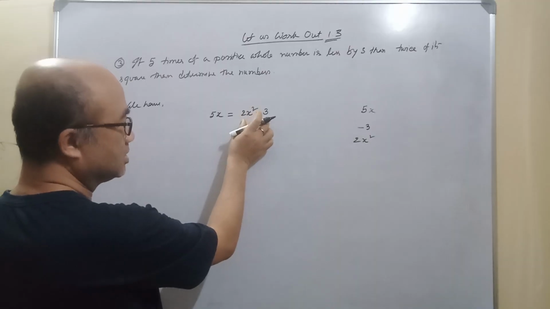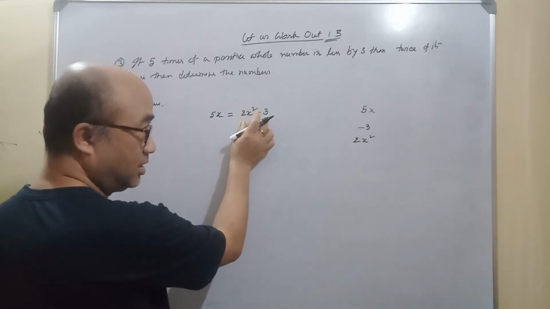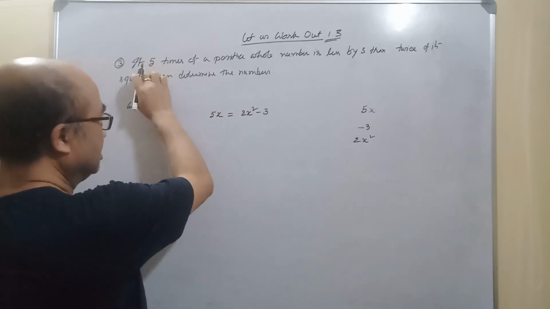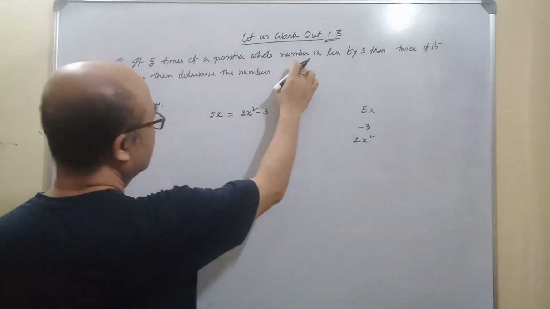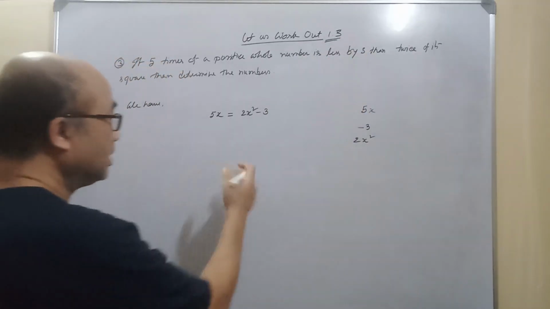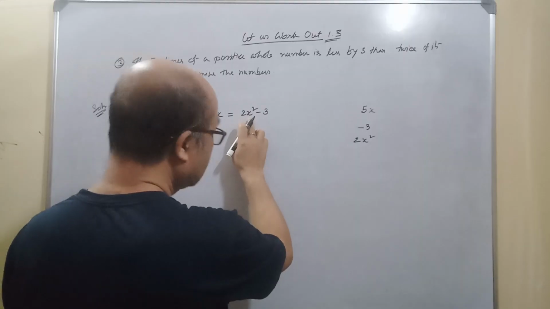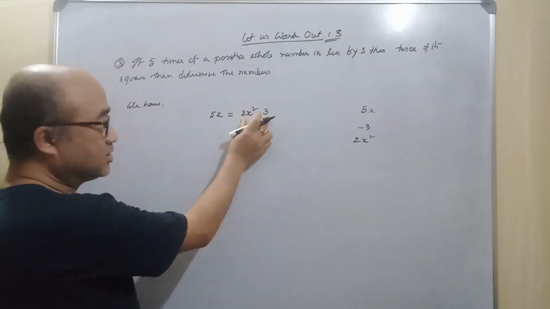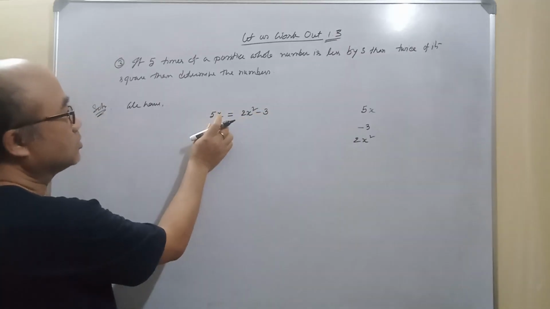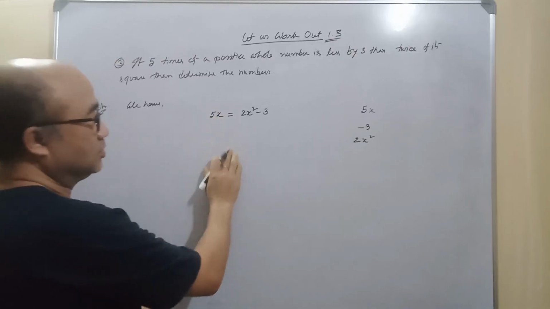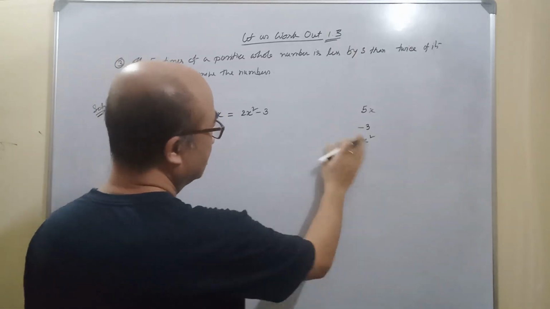So if you subtract 3 from 2x squared, then you get 5x. That is what it says. Twice its square is this one, 3 less is minus 3. This is equal to 5 times the number. So this is a quadratic equation.